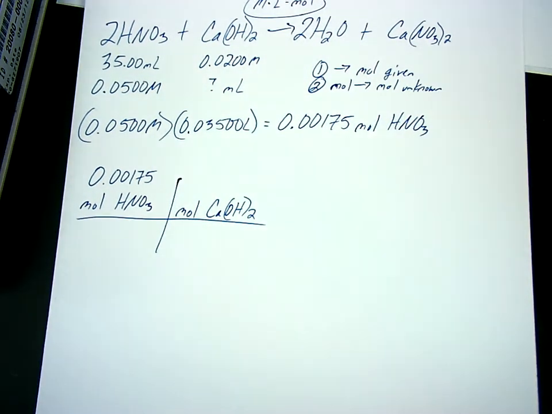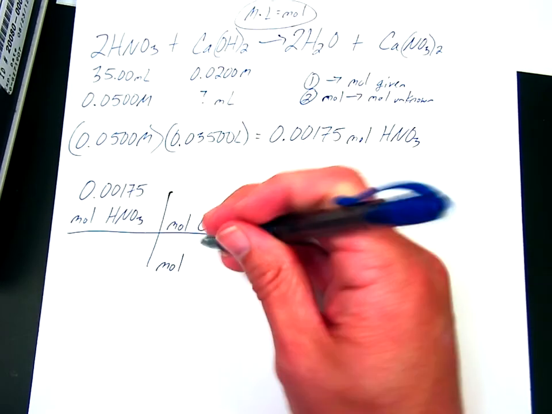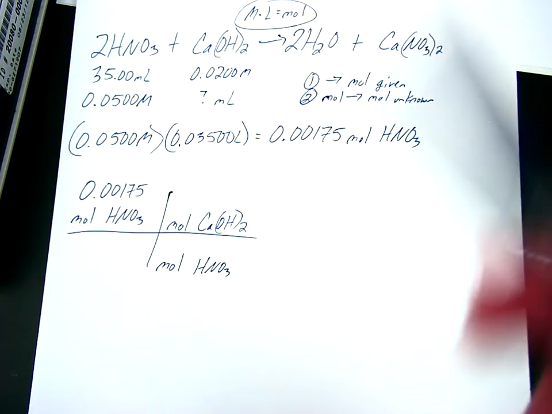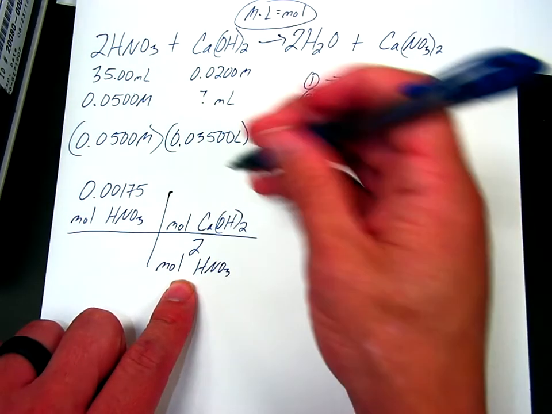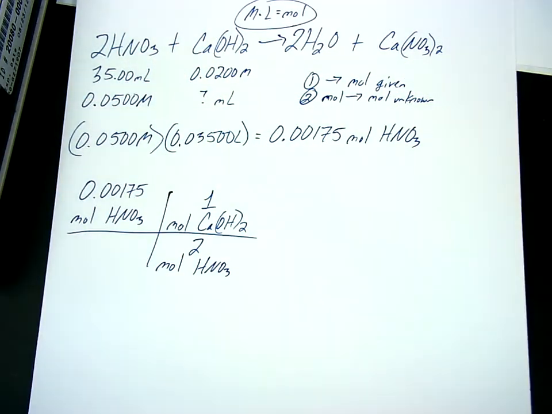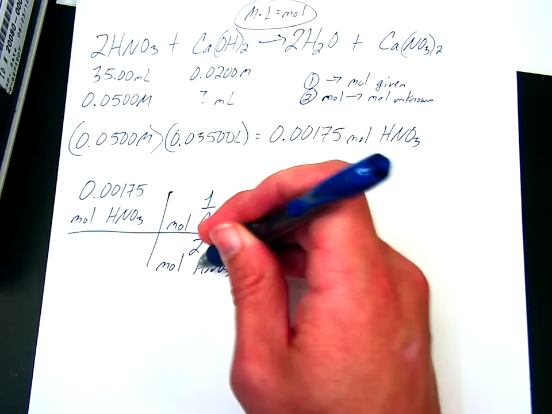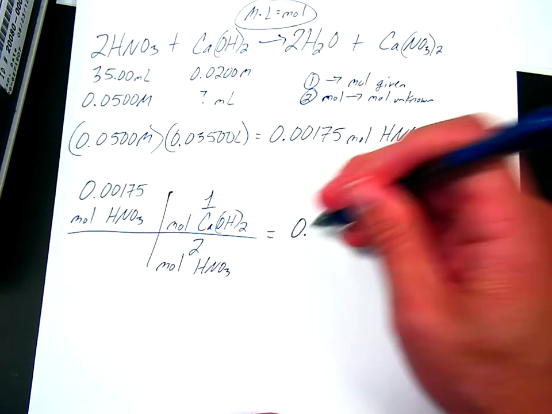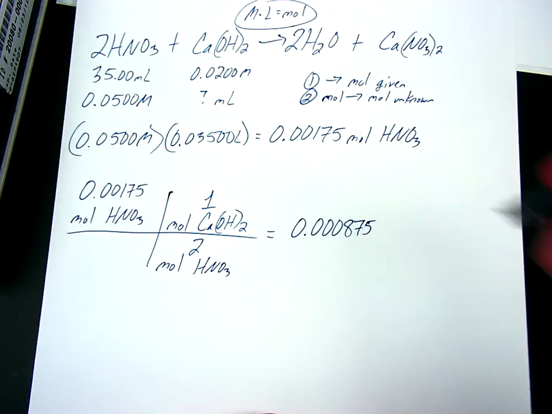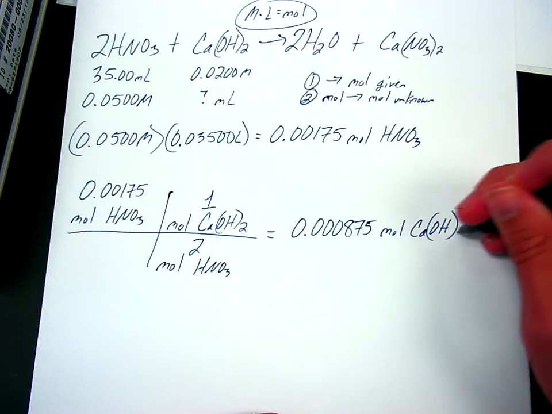We're going to make the diagonals match. And anytime moles is over moles, I know that the balanced equation matters. So it turns out that it's a 2 down here and a 1 up there if you look at the coefficients of each of these items. I'll run this grid times 1 divided by 2, and we're going to end up with 0.000875. And that's going to be moles of the calcium hydroxide.